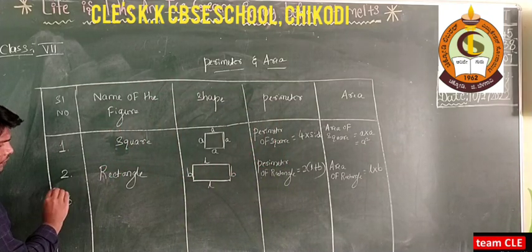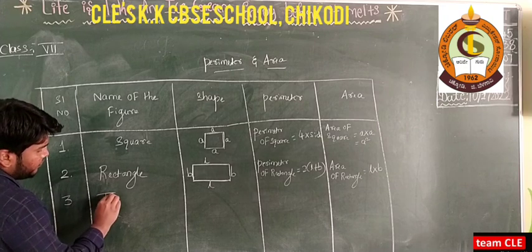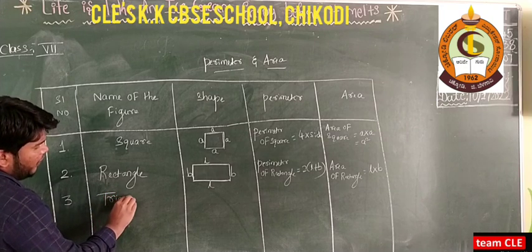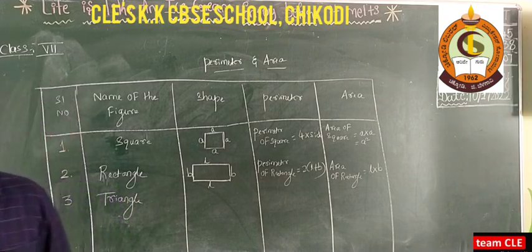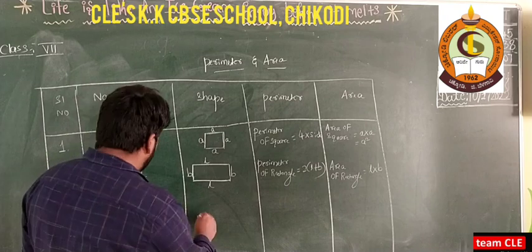Third, we have the triangle. You have already seen the triangle; the pizza shape is also a triangle.